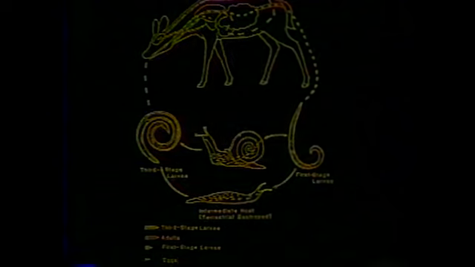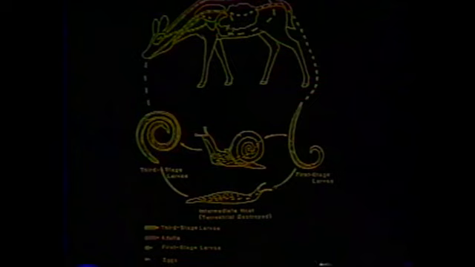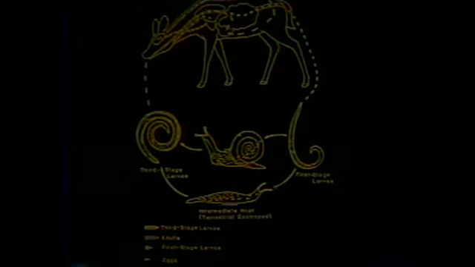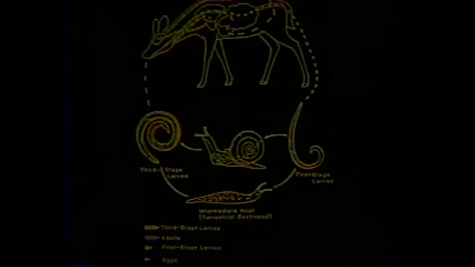The parasite has an incredibly complex life cycle, beginning with the third stage larva, which is produced by the intermediate host, and is eaten by the white-tailed deer, who completes the life cycle over a period of several months by ingesting either the whole snail or the larva itself.